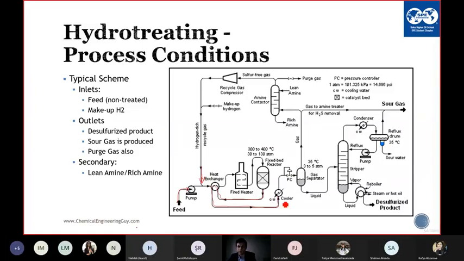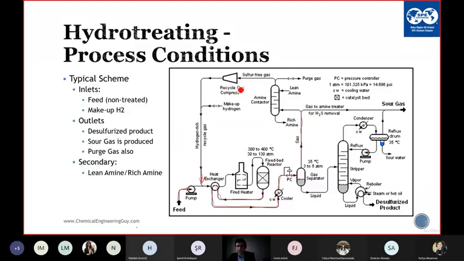CW is the cooling water. You use the cooling water, and it is sent to gas separator, where you have the gases, and then gases is sent to amine contactor. Sometimes it is not needed, so it depends on the H2S limit in the gases.